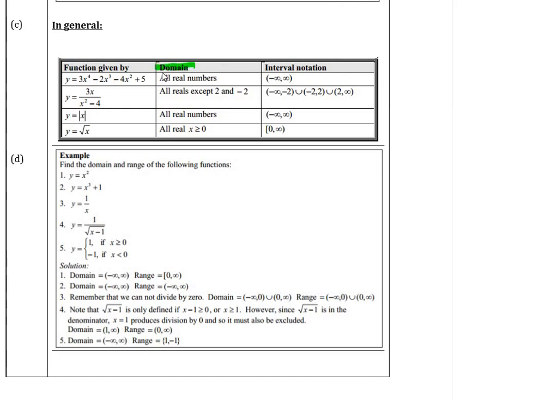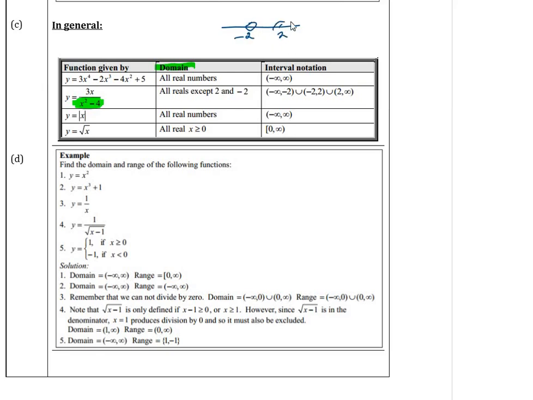Okay. Now, if we look at a fraction, a rational function, in other words, hyperbola types, then when we look at the domain, we cannot divide by 0, like we did with the boundary points and the restrictions, you will remember. So we will find the restrictions here, which are plus and minus 2. So our number line will have restrictions at minus 2 and at 2.